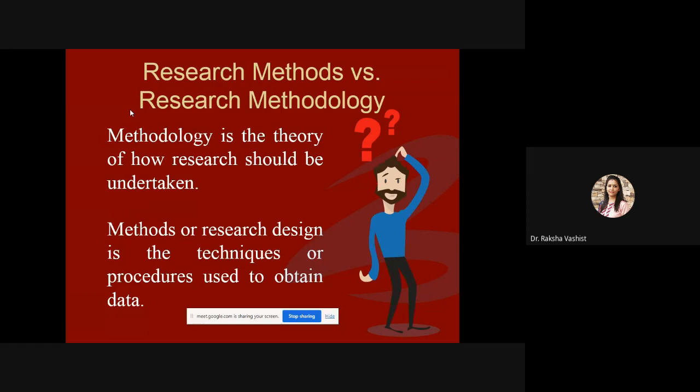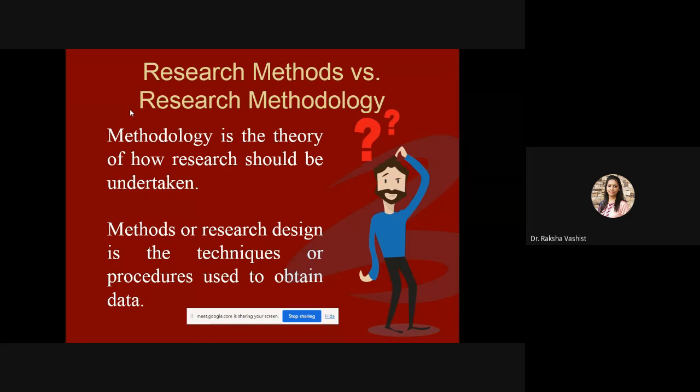We consider both the same thing, which deals with how you are going to collect and process your information or data. So methods and research design is basically the part in which you explain the data collection process.